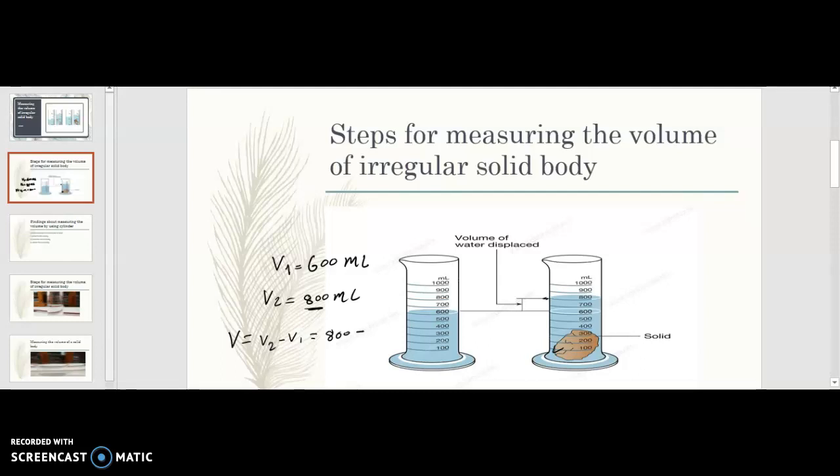V1 represents the water's volume only. 800 minus 600, so it's 200 milliliter or 200 cubic centimeter.